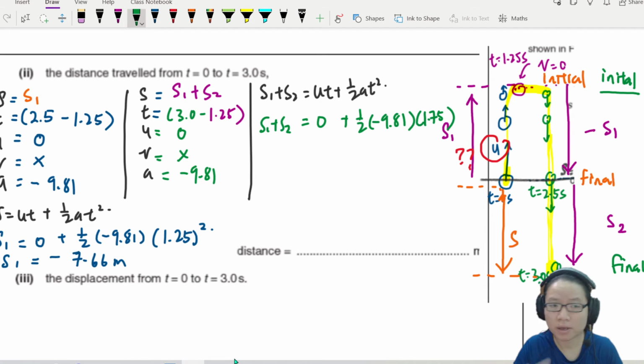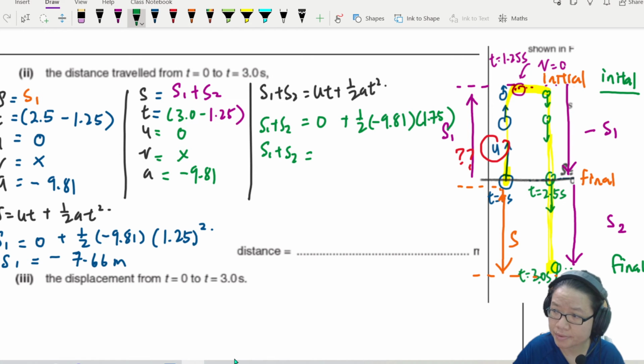So from here, I will get S1 plus S2 is equal to 0.5 times 9.81 times 1.75. Oh, there's a square here. Did I miss out the square?